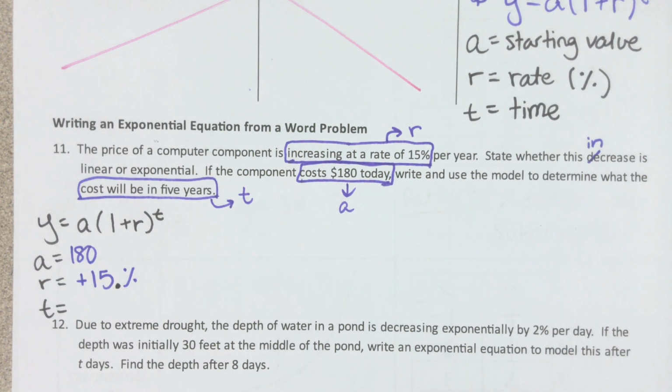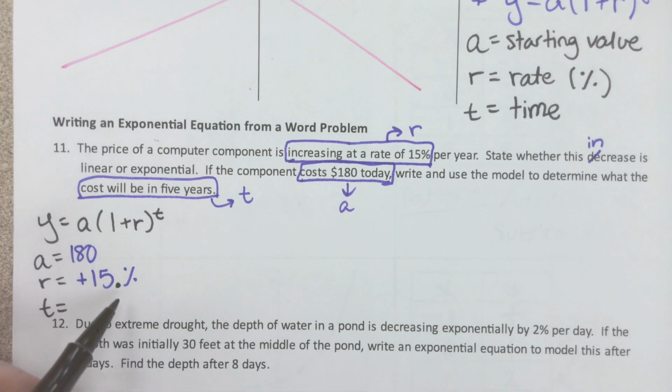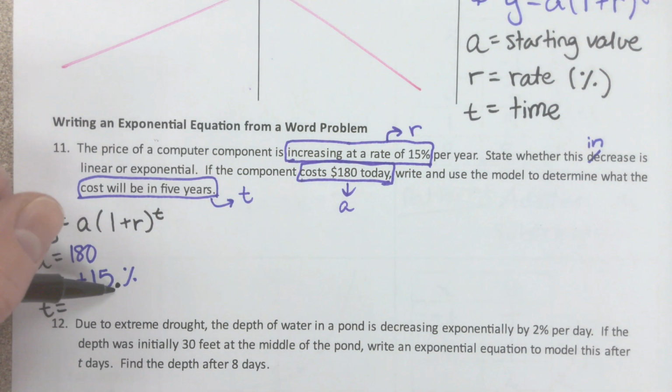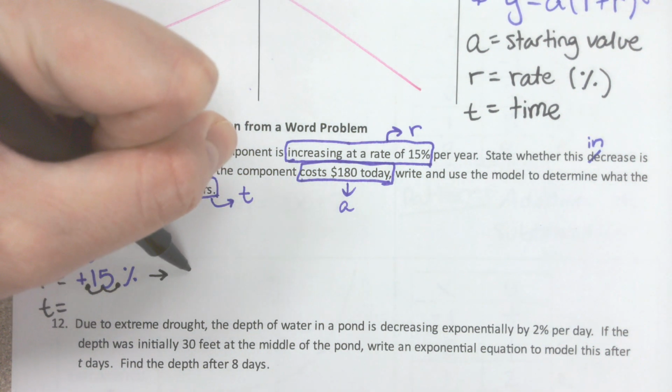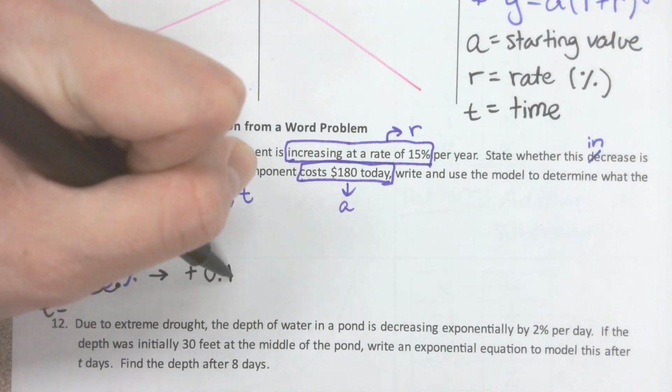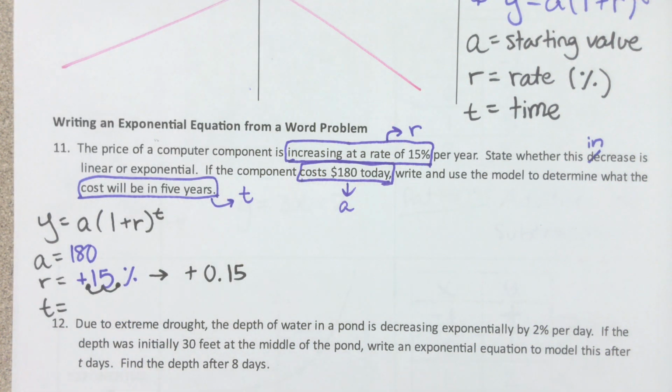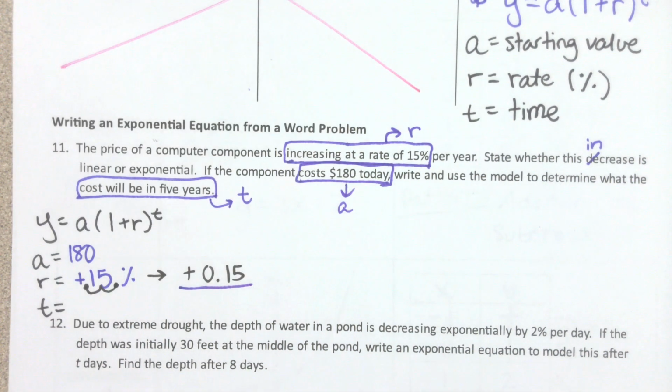As it is a whole number, that's where it would go. And we're not going to move to the right because then it would get bigger. We're going to move to the left to get smaller. So we're going to go back 2 places. So our new rate as a decimal is plus 0.15, no percentage. This is how we must put it into the equation.